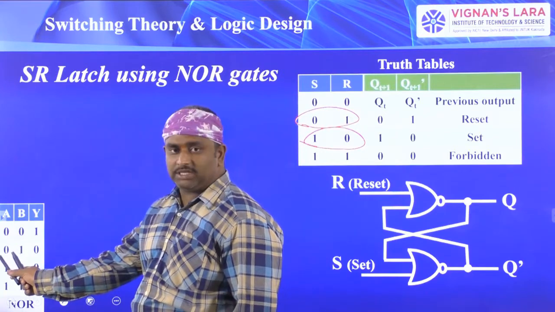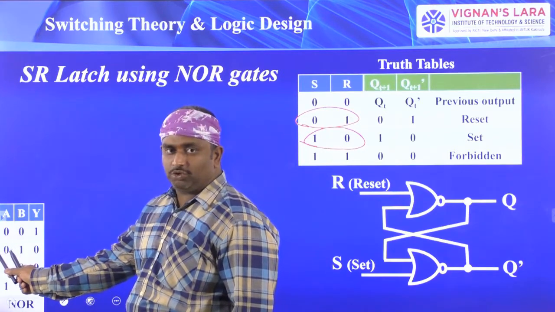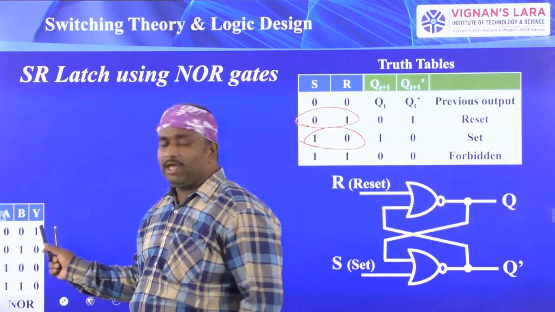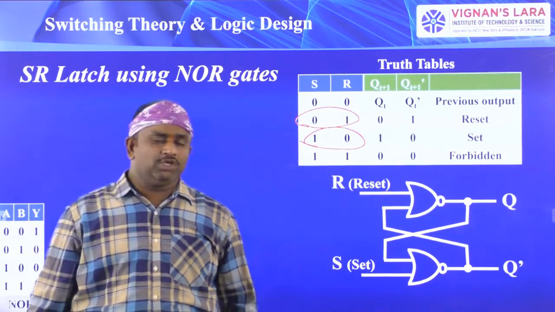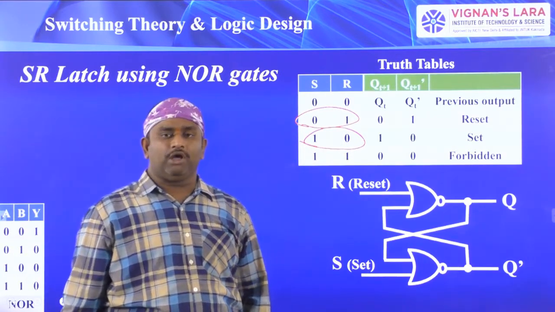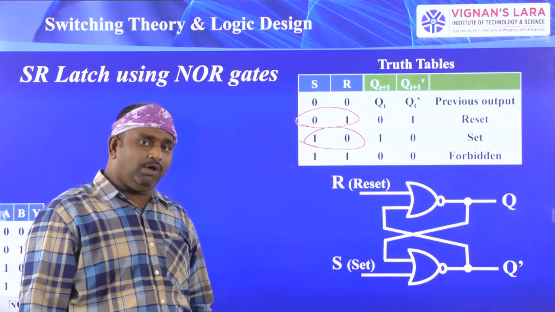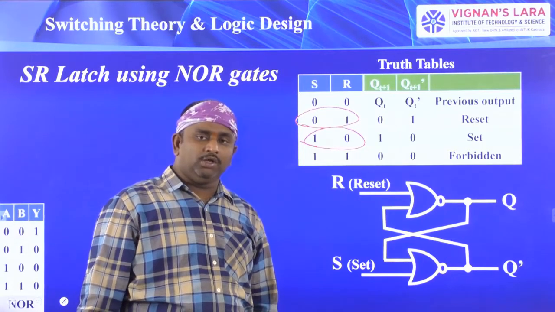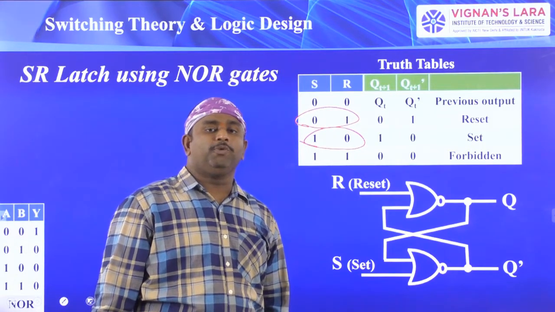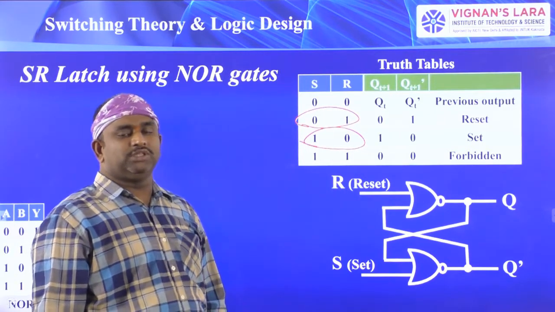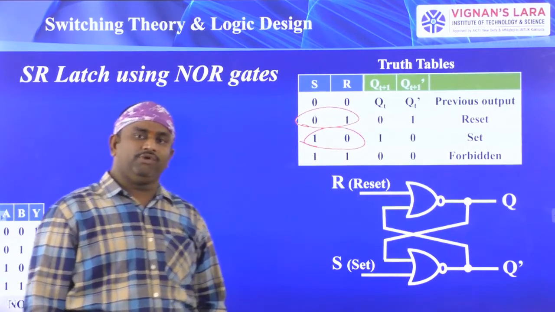In the second condition, one input is equal to 0 and the other input is equal to 1. At that time, the output is equal to 0. So you cannot predict the output of the NOR gate if one of the input signals is equal to 0. If any one of the inputs is equal to 1, then simply you can say the output of the NOR gate is equal to 0. So that is the basic operation of the NOR gate.